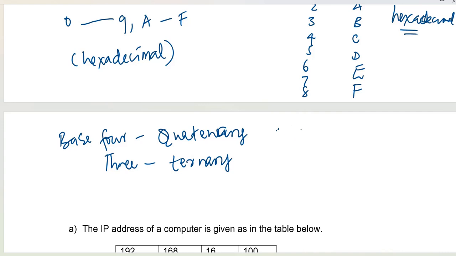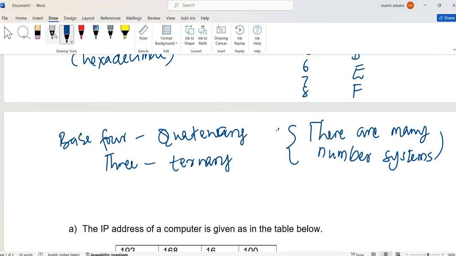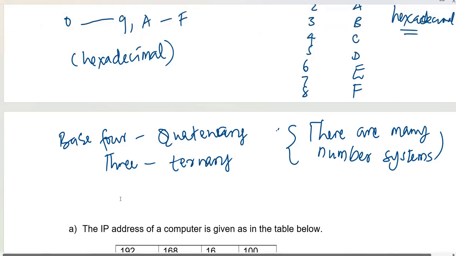So if you say base 8, you don't include the 8. You just start from 0 to 7. So there is base 10, which is commonly known as the decimal. It is 0 to 9. Binary is 0 to 1, that is base 2. Base 8, which is octal, is 0 to 7. And then hexadecimal is 0 to F.